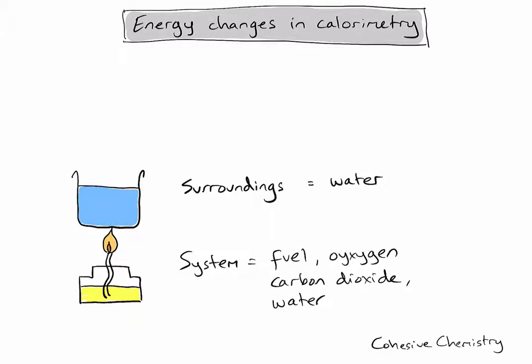Well, if I stick a thermometer in my beaker of water, I can now measure changes in thermal energy in that water by measuring the change in temperature. Therefore, any thermal energy increase in the water must be because of a potential energy decrease in my chemical reaction.